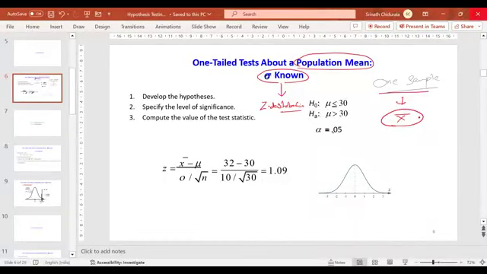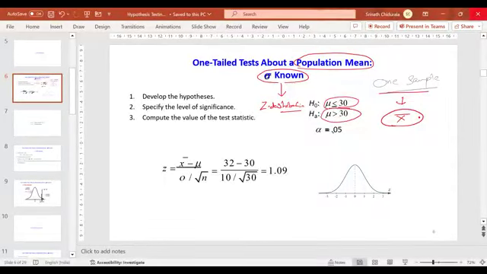And we understand how to develop the hypothesis. We develop the hypothesis by considering whether our actual population mean is less than or equal to the given population mean, or greater than or equal to the given population mean, or equal to the given population mean. Then accordingly, we formulate the null hypothesis and alternate hypothesis.